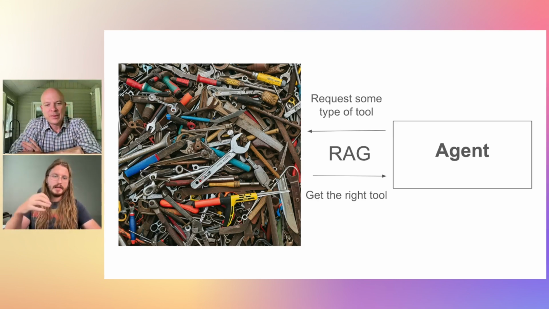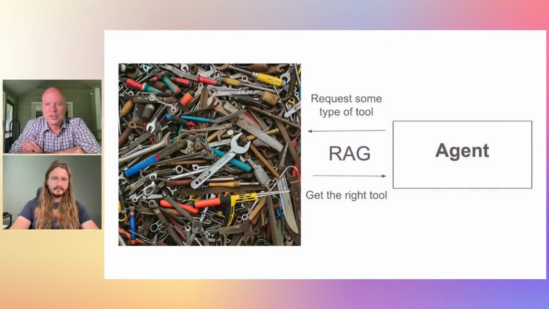And then when the agent thinks, I would like to do something, but I'm not sure which tool I need, you can embed that as a vector or in some other RAG context. Then you can query your database of all of your tools, and get back a list of the most relevant tools for that thought. And then you can tell the language model, these tools would probably work, so why don't you pick from this subset of tools? Then the agent can go, I think this one makes sense.